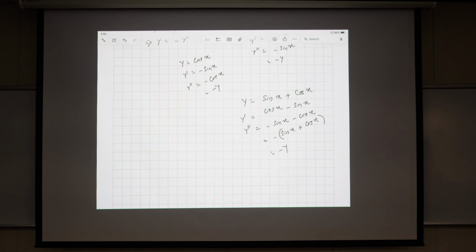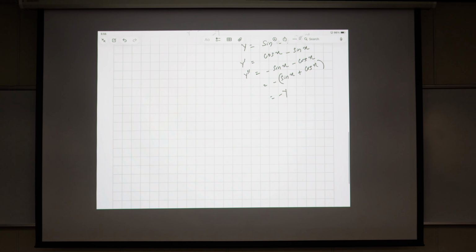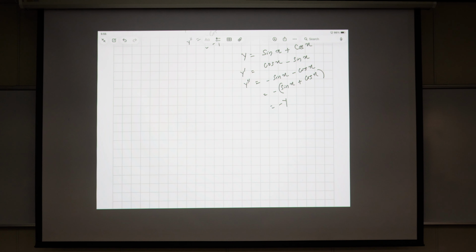So here comes the concept. I mentioned something called the superposition principle. Here comes the basic idea or the theorem.